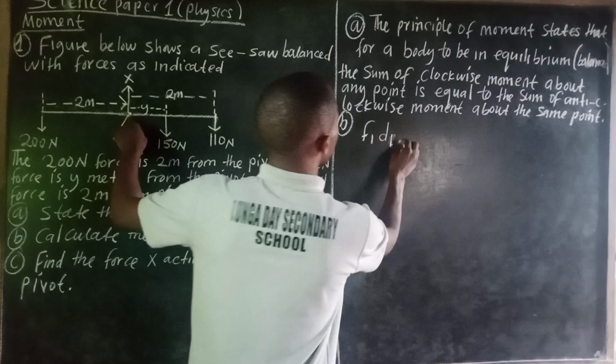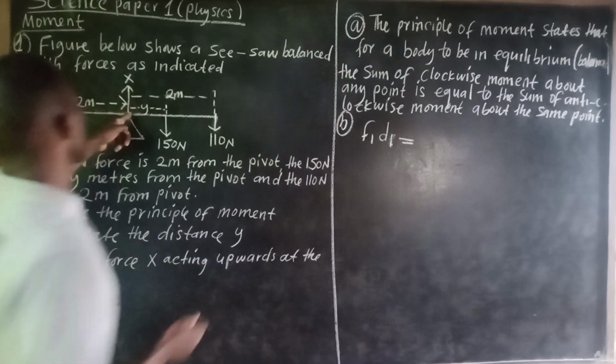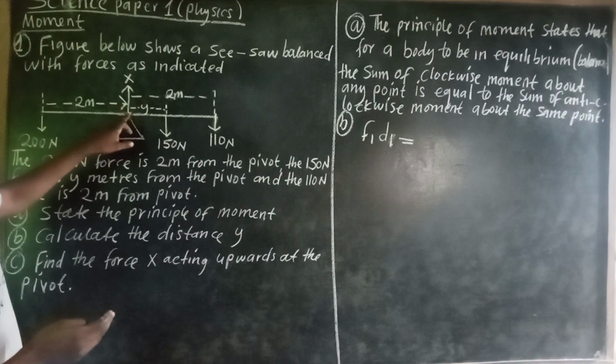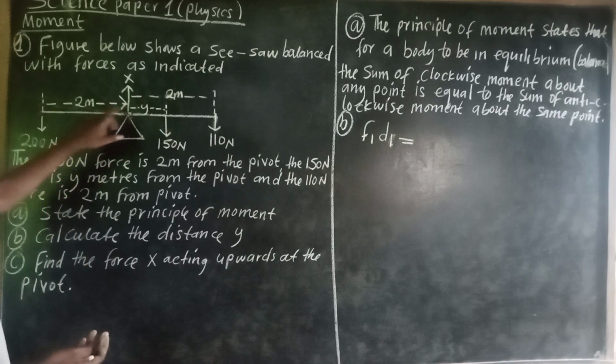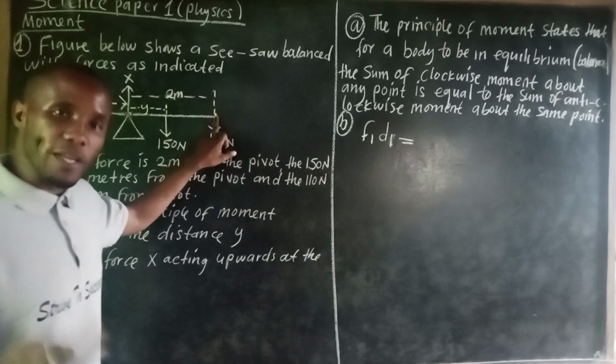When you look at this diagram, this is the center, so it is balanced in terms of distance, because from here up to there is 2 meters, and from here up to there also 2 meters. So this is equal.